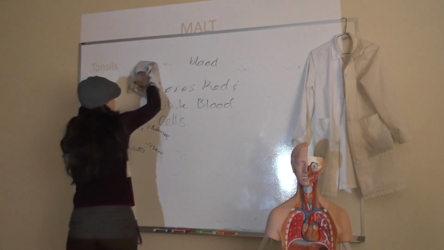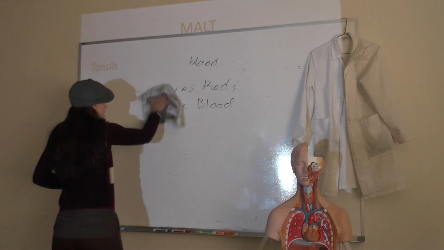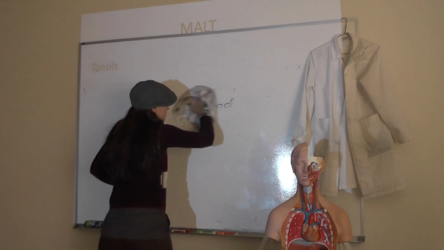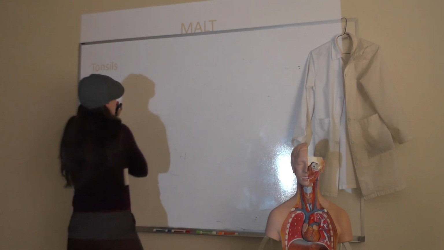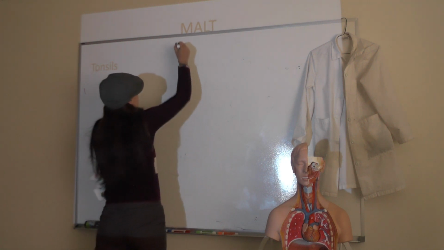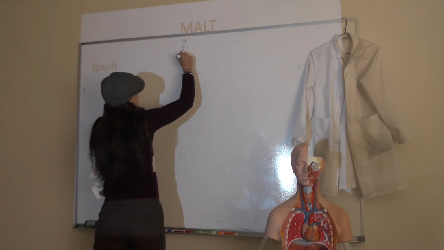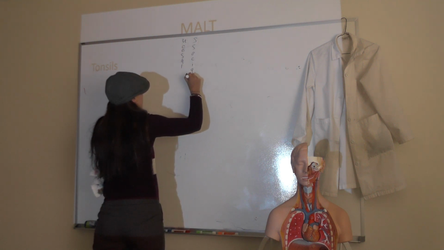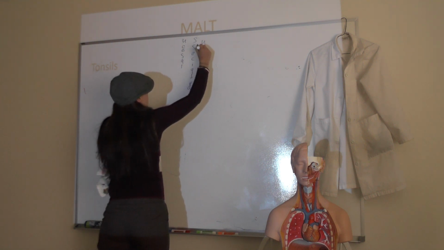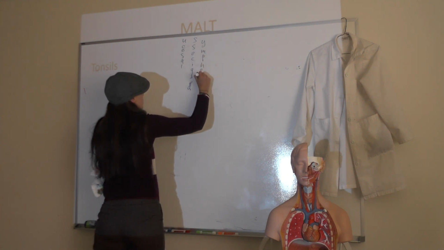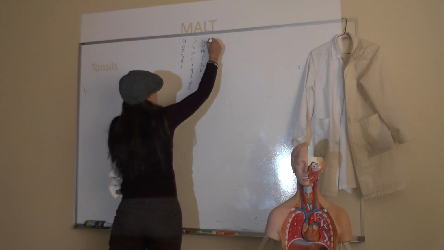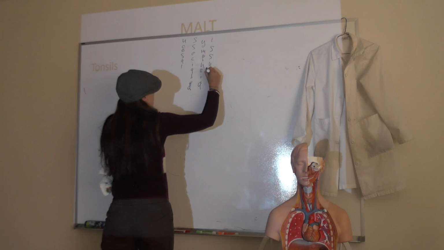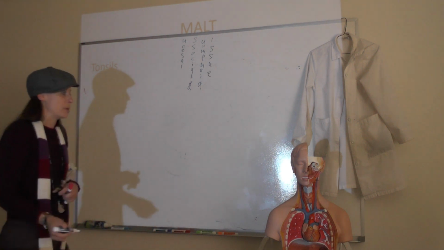So the diffuse tissue that we find all over the place is called MALT, or mucosal associated lymphoid tissue. And now this is going to be associated with your mucous membranes.